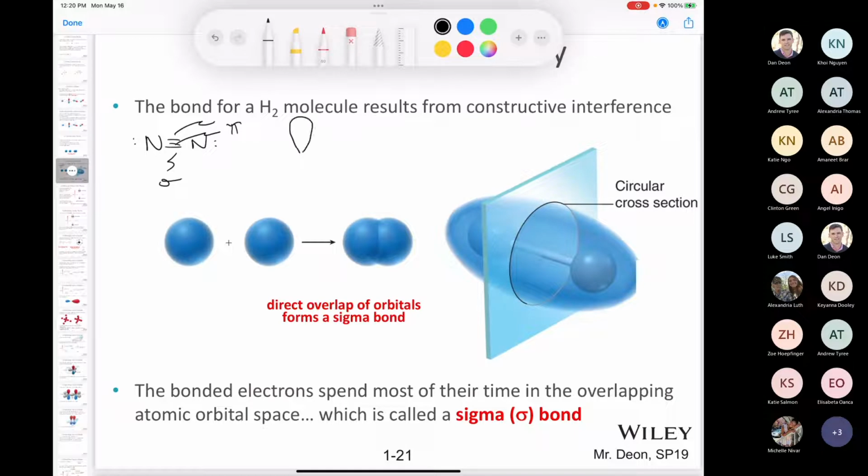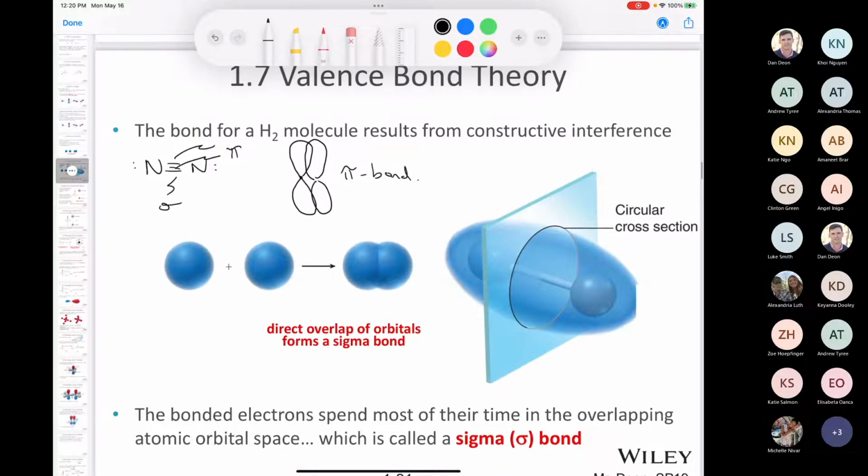When you have a p orbital and another p orbital, and they get close enough so that they overlap each other like this, that makes a pi bond. All right, and pi bonds are weaker than sigma bonds. So we can scribble that down here too. A pi bond is weaker than a sigma bond.